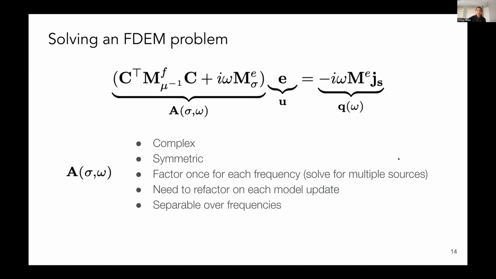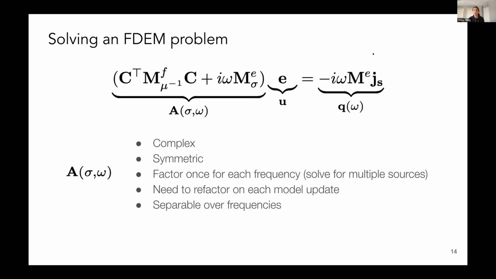There are a few properties of the matrix A that I want to point out. It's a complex matrix; you can see here we've got complex values because we're working in the frequency domain. It's symmetric. You can see here it depends on the frequency, so depending on how many frequencies you're working with in a given experiment, you need to solve this for every frequency.